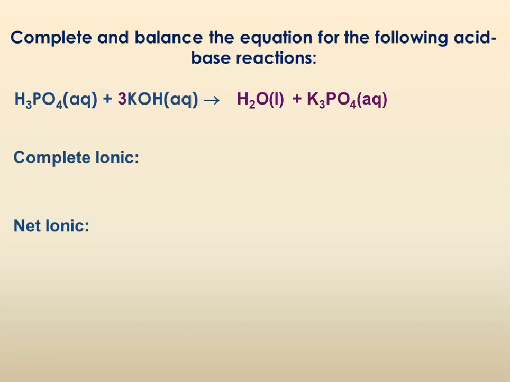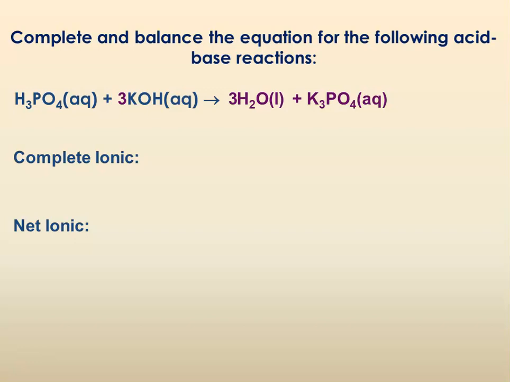Keep in mind that phosphate has already been balanced, so I'm going to go ahead and take a look at O. I have 3 O's in KOH, and I have 1 O in H2O. So by putting a 3 in front of H2O, I now have all my oxygens balanced. I have 3 in the KOH and 4 in the PO4 to give me 7. I have 3 in the 3 H2Os and 4 in the K3PO4, also to give me 7.